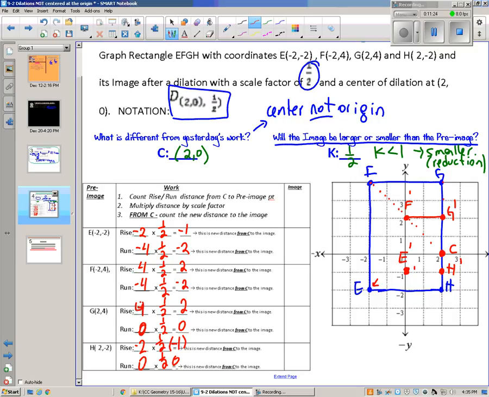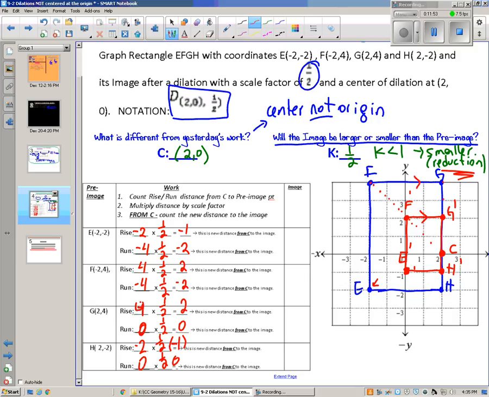Okay, so let's go ahead and connect the segments here. And there's your image. You see how there's been a reduction there? It looks smaller, right? And you can double check. Again, keep in mind certain things we talked about yesterday. The pre-image and the image segments have to be parallel because that's what happens when you dilate.